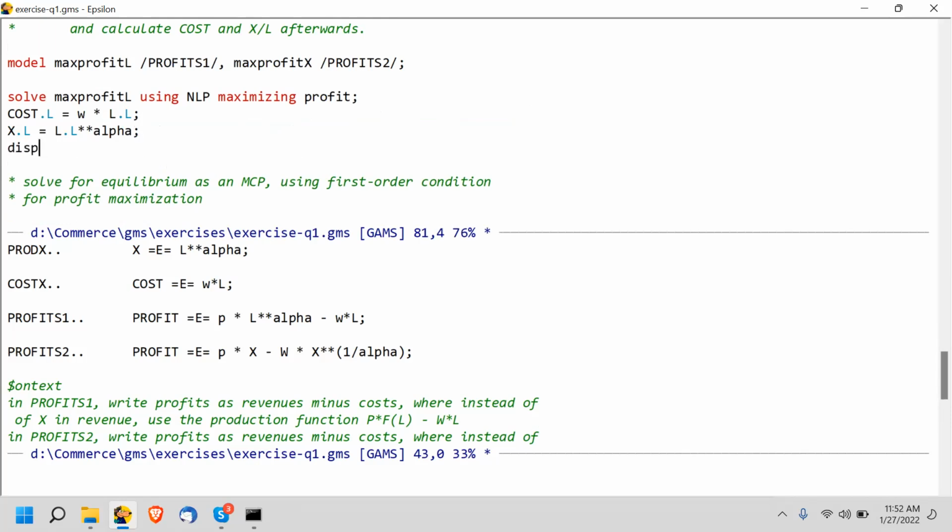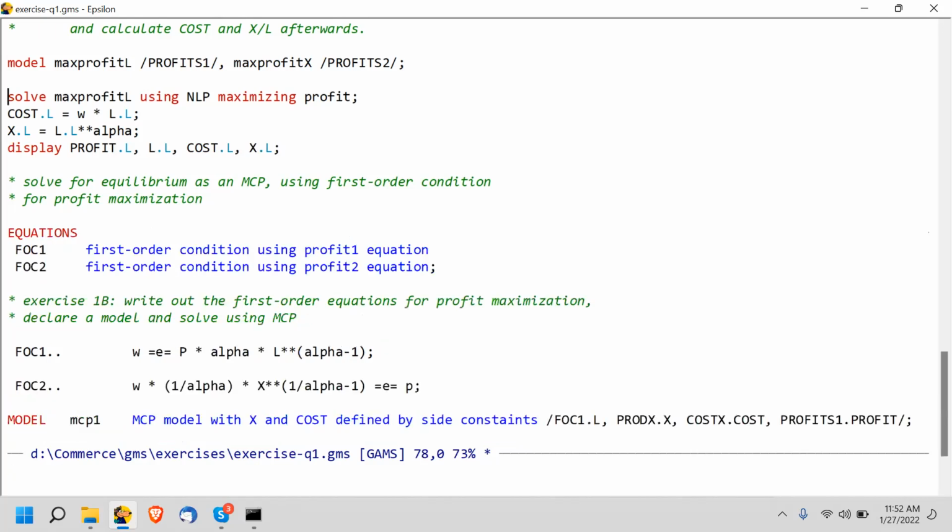And then display profit.L, L.L, cost.L, and X.L. So now that's the other way. Here we have a model that only involves one variable. So we can solve in terms of one, but rather than adding the others as side constraints, we do them as a calculation after the fact. That's what that one does.